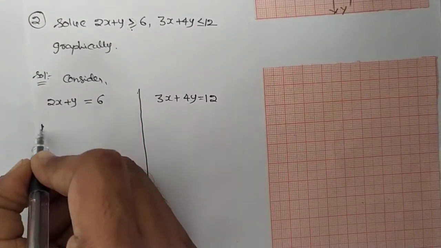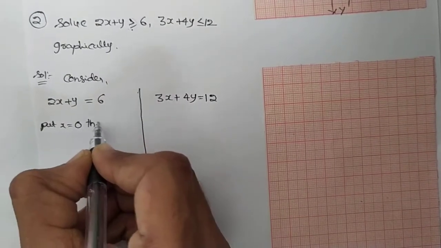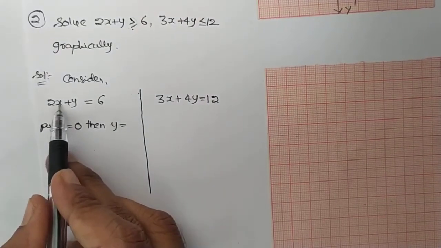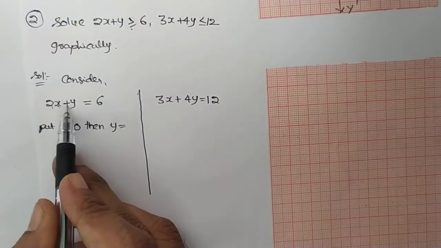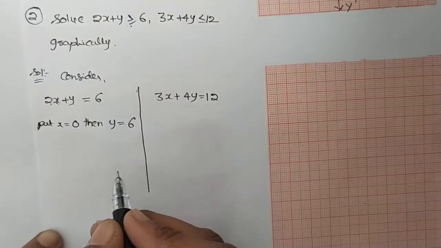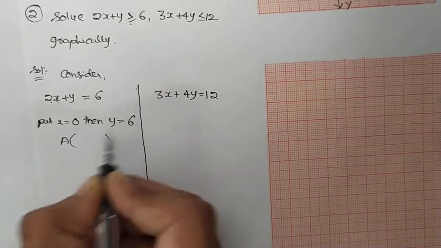Second step is what? We have to put x equals 0. If we put x equals 0, then y equals what? 2 into 0 is 0, 0 plus y is y, so y equals 6. Therefore the point A will be x comma y, 0 comma 6.